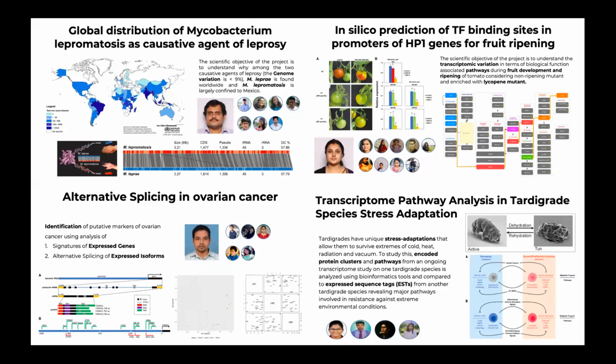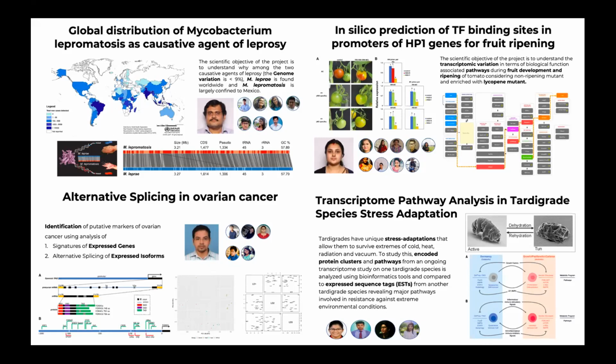We worked on the global distribution of Mycobacterium lepromatosis as a causative agent for leprosy, which means that we looked into the genome variation of two different strains, one from Mexico and one from India and Bangladesh, where the strains have been very specialized. So the mutations are different for different strains. We looked into that data.